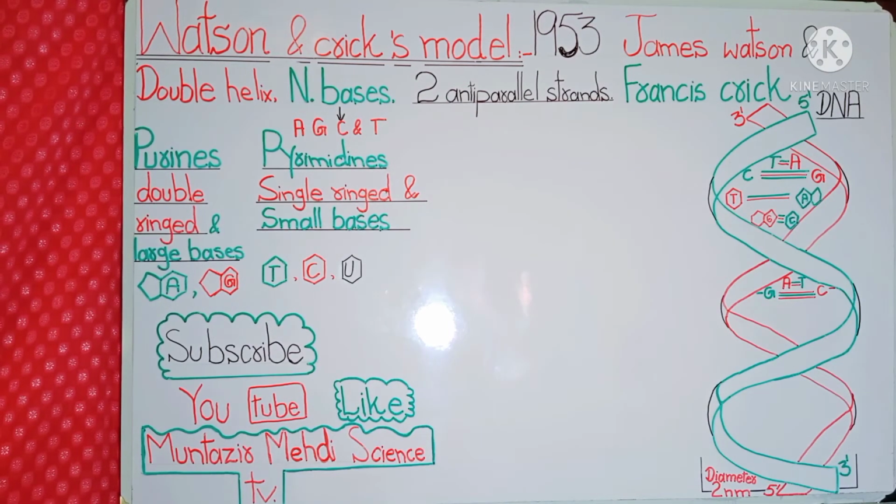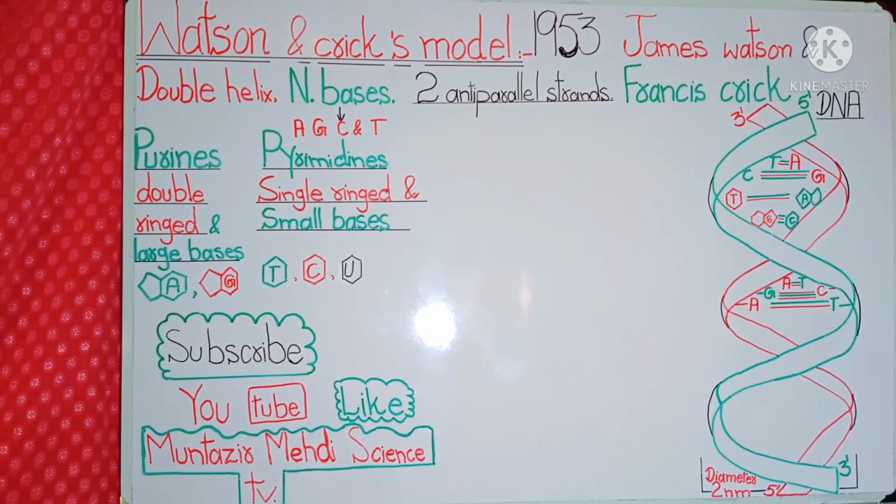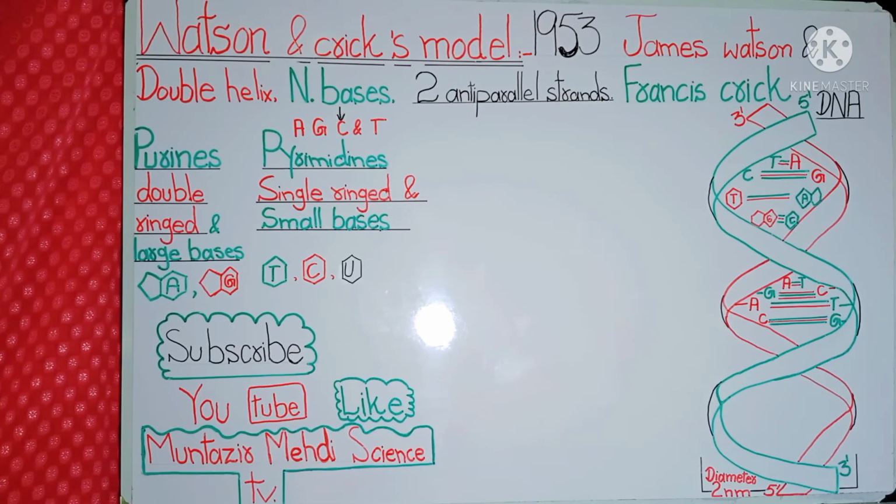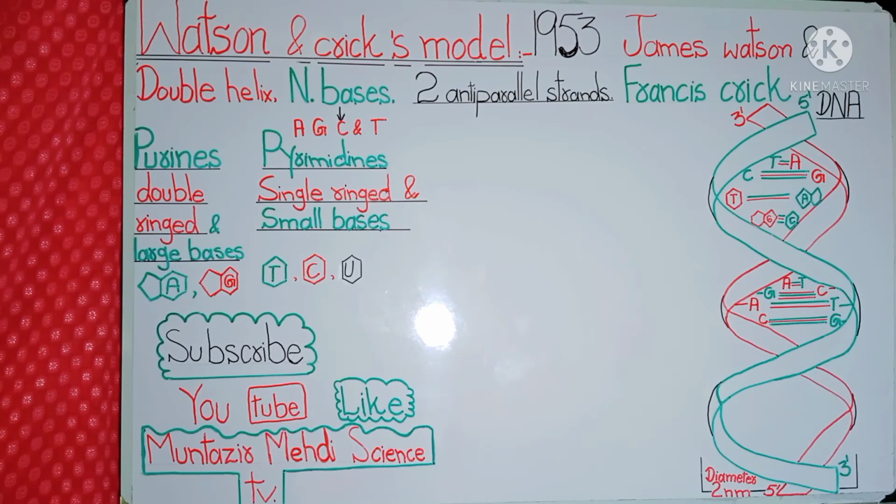In this double helix, adenine forms two hydrogen bonds with thymine and guanine forms three hydrogen bonds with cytosine, which means that adenine is always bonded with thymine by means of two hydrogen bonds, whereas guanine, that is a double ringed and large base like adenine, will bond with cytosine, that is a single ring base and is a small base like thymine.